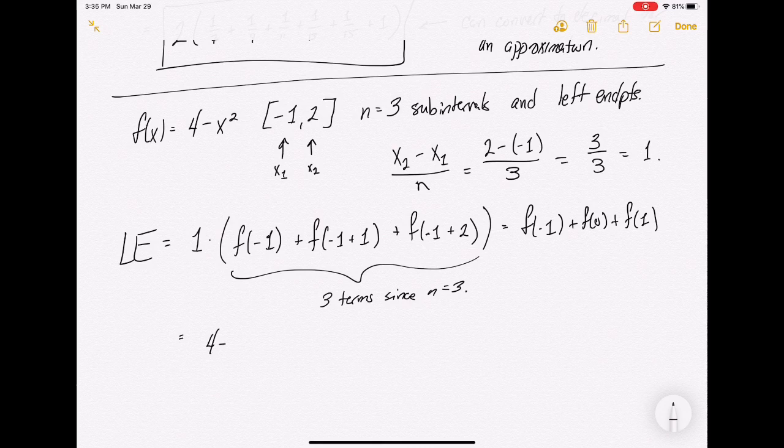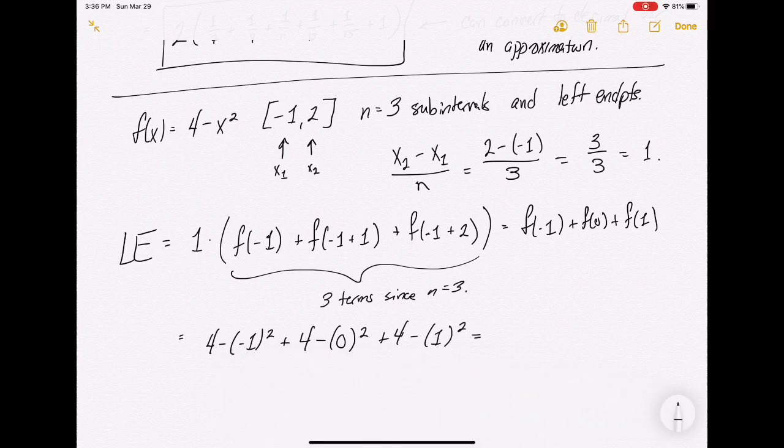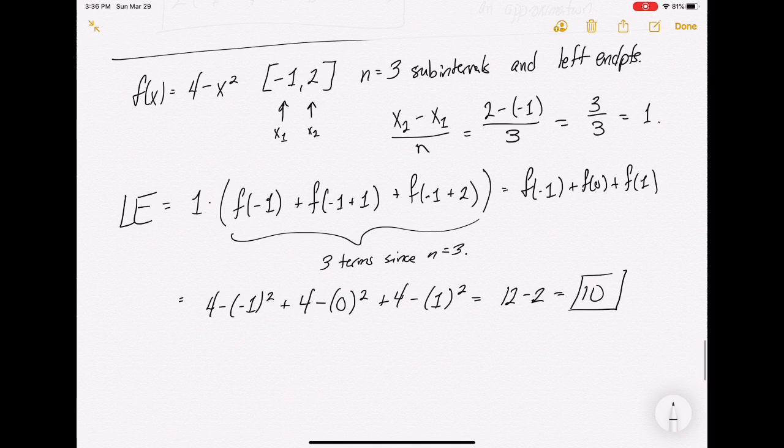This is 4 minus -1 squared plus 4 minus 0 squared plus 4 minus 1 squared. So what do I end up with? Well, I have 3 4s, that's 12, and I have -1 minus 1, that's -2. So I end up with 10. So 10 is an approximate area of this graph from -1 to 2.